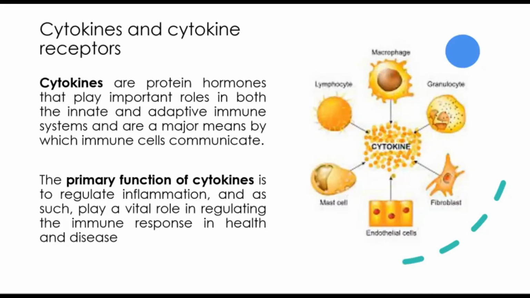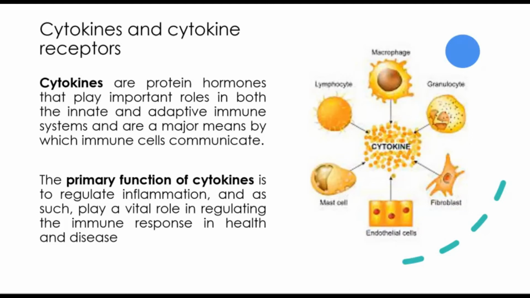They also affect the growth of all blood cells and other cells that help the body's immune and inflammation responses. Cytokines play important roles in both innate and adaptive immune systems, which are major means by which immune cells communicate. Majorly, the function of cytokines is to regulate inflammation and play a vital role in regulating the immune response in health and diseases.